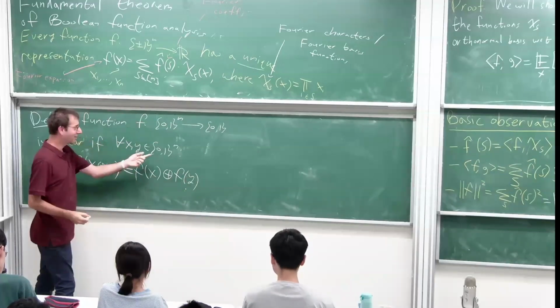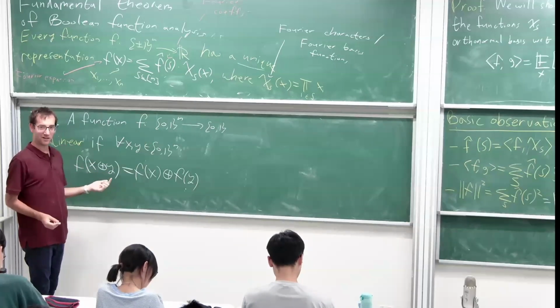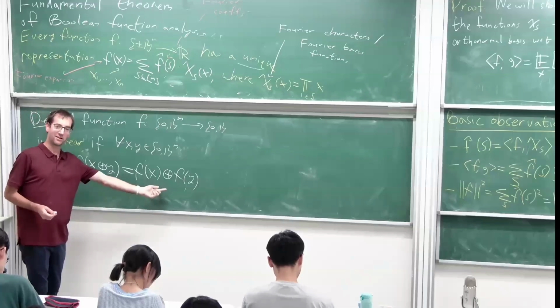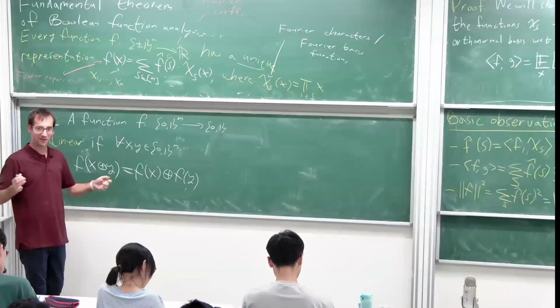Really you should think of 0, 1 here as Z2, and then this is just the addition in the group Z2 to the n. This is addition in the group Z2. That is the correct way of thinking about it.